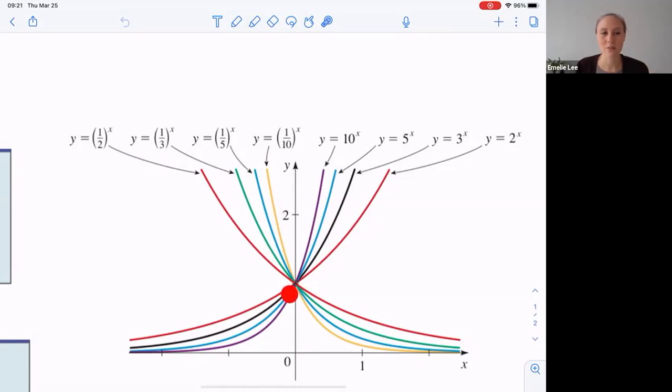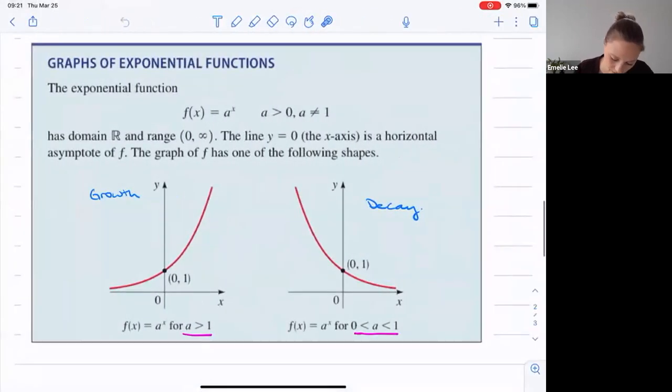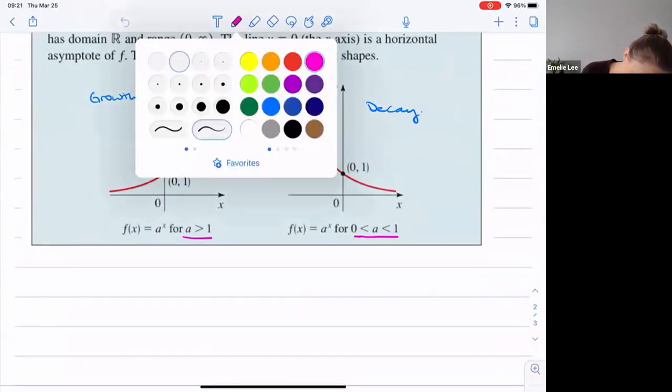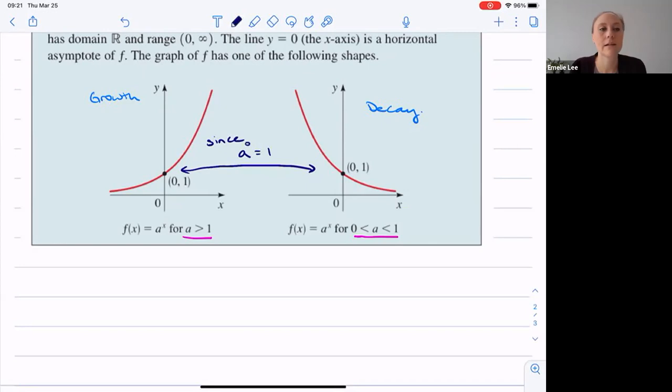It's just 1, right? And so that's why everything passes through (0, 1). And I'll make a note of that here. So here, it goes through (0, 1), since a to the power of 0 is 1. Anything to the power of 0 is 1. Okay. So that's always going to be the case.